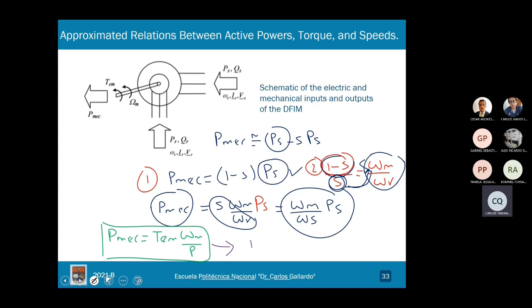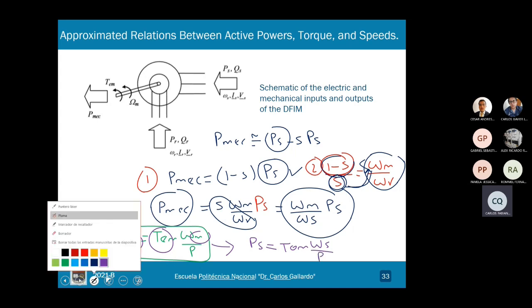So for the stator active power, it is equal to the electromagnetic torque. In this case, it's not the mechanical power, it's the angular frequency of the stator over the number of poles.